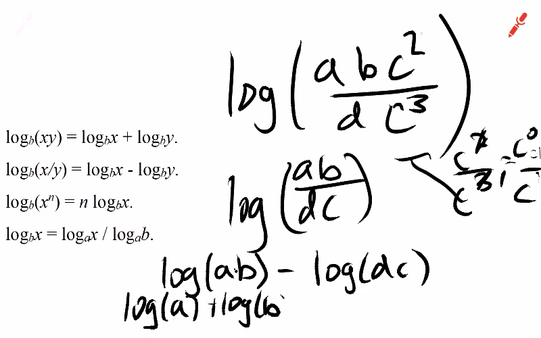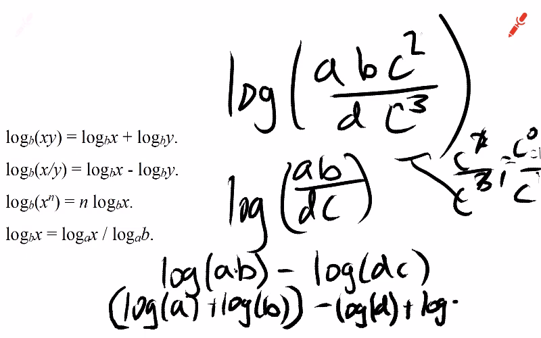And you want to be careful here, put that in parentheses. Minus the log of d plus the log of c. And then we'll put that in parentheses as well. The reason we do that is because we'll have to multiply that minus sign through. Alright, and that's it. I'll have to trim this.